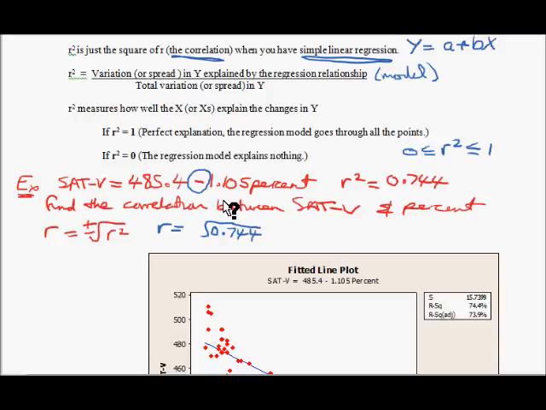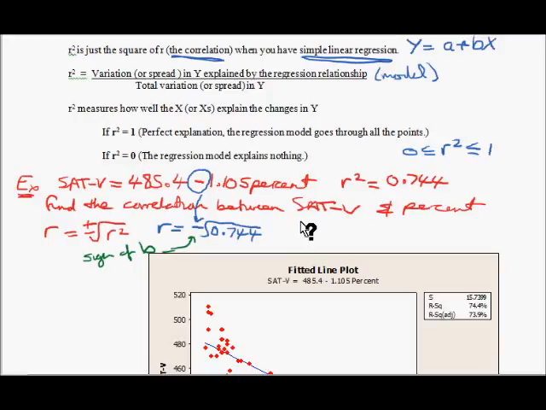The slope is negative, so a negative slope means the correlation has to be negative too. In other words, just look at the sign of b, the slope. It tells you whether you want the positive or negative square root. So here we want the negative square root because that slope is negative, so it's going to be a negative correlation.